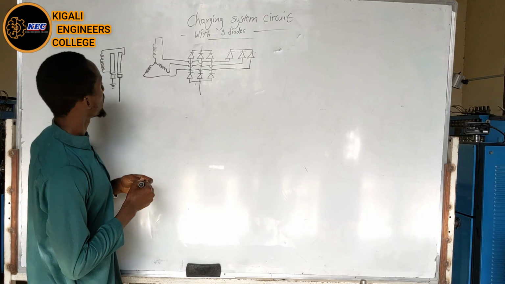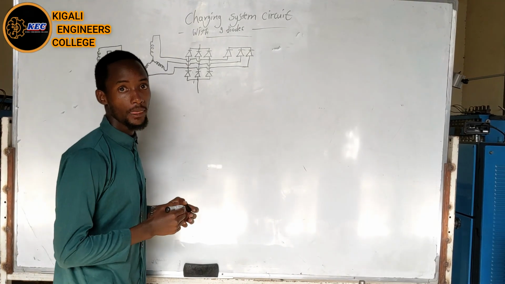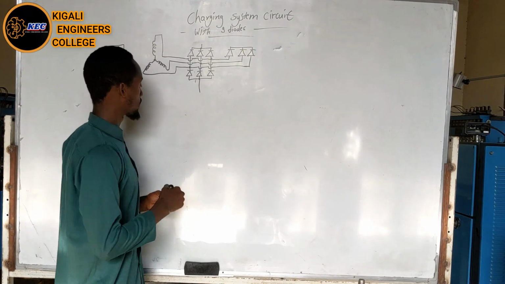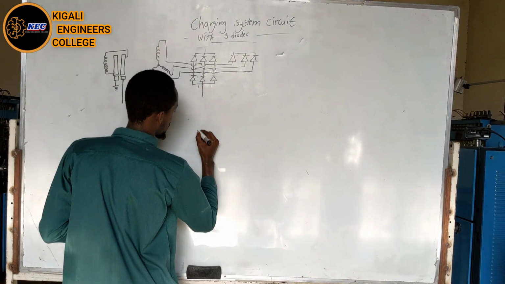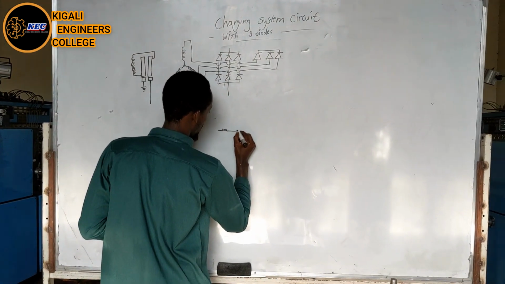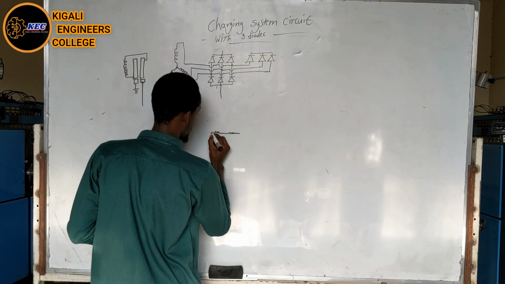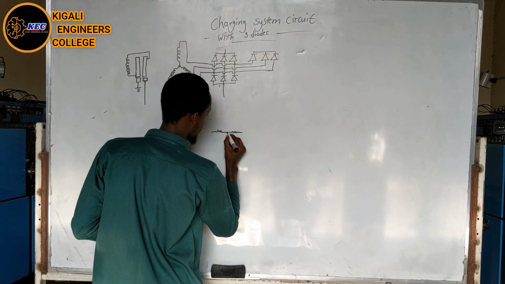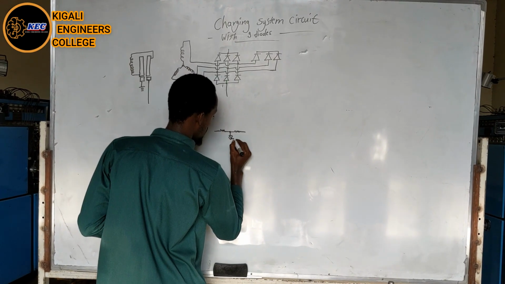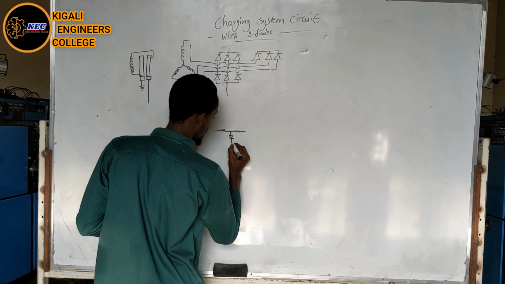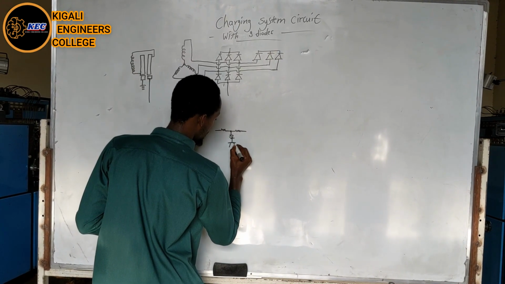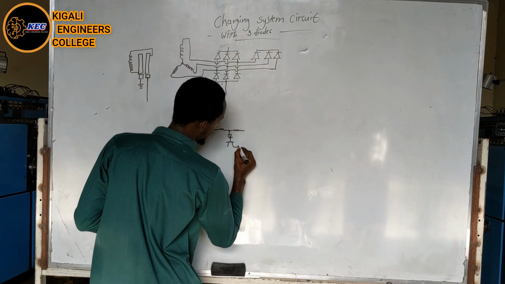So we are going to draw the electronic alternator regulator. The first one, we have the resistor. So here we have a Zener diode, and also here we have a transistor. Here we have a resistor.